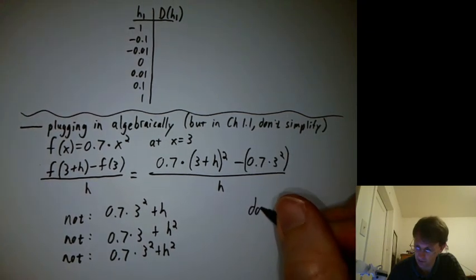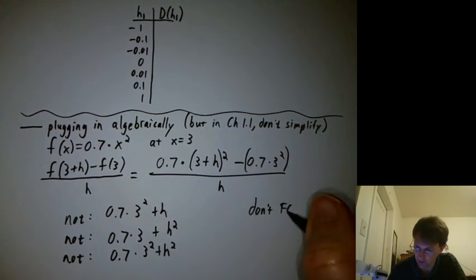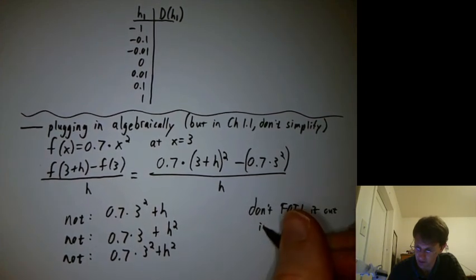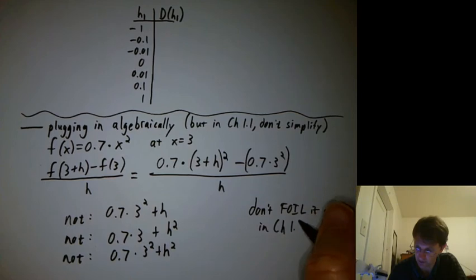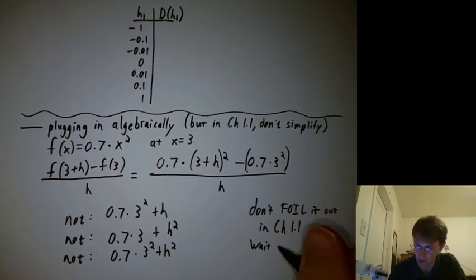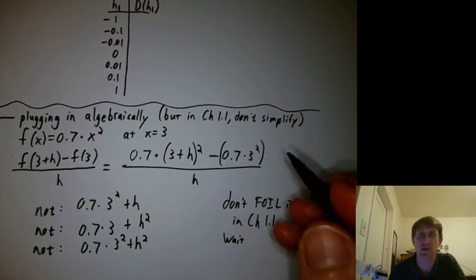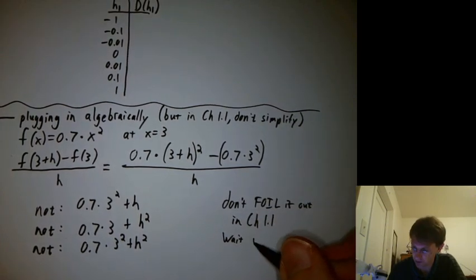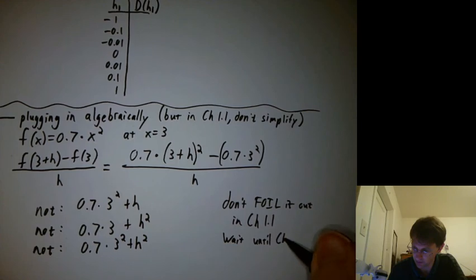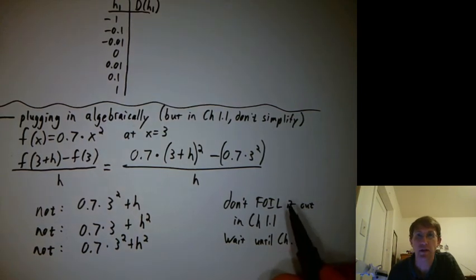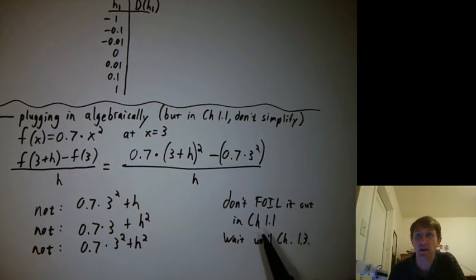So don't FOIL it out. Wait till chapter 1.3, and by then you'll say, do I have to do another one of these? So don't burn yourself out in chapter 1.1. So what should you be doing in chapter 1.1? Tables and graphs and eyeballing.